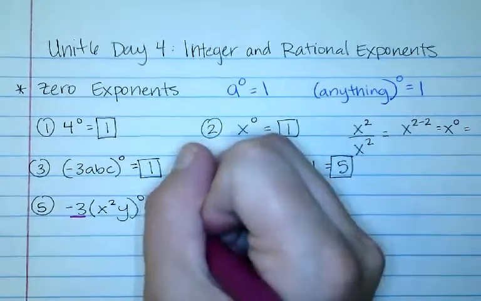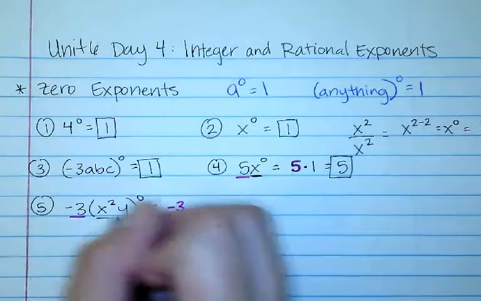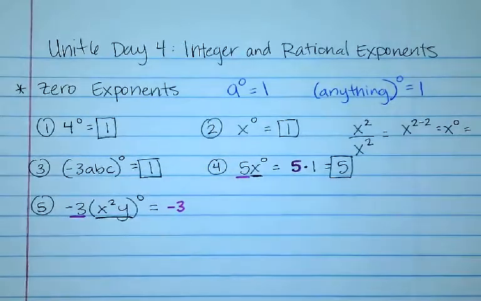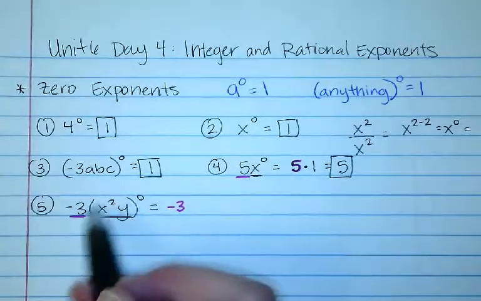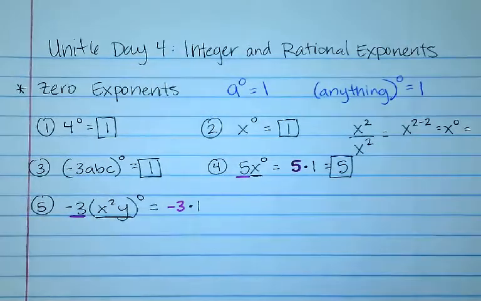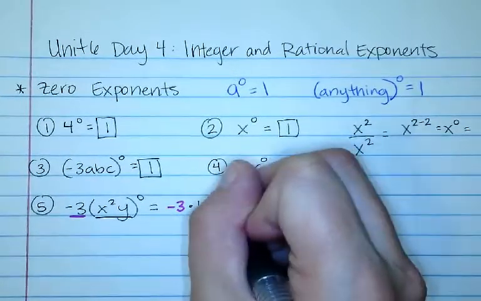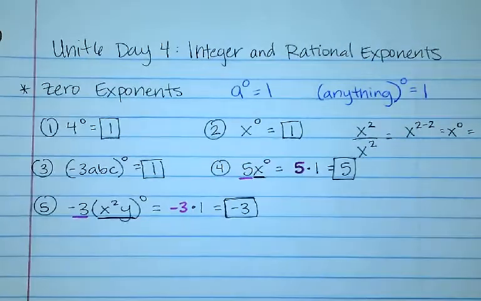No. This negative 3 just stays here. But this whole thing, x squared y raised to the 0 power, this entire thing inside the parentheses is going to turn into 1. So my final answer is -3. Y'all feel good? So the rule is, if anything's raised to the 0 power, it's just equal to 1.